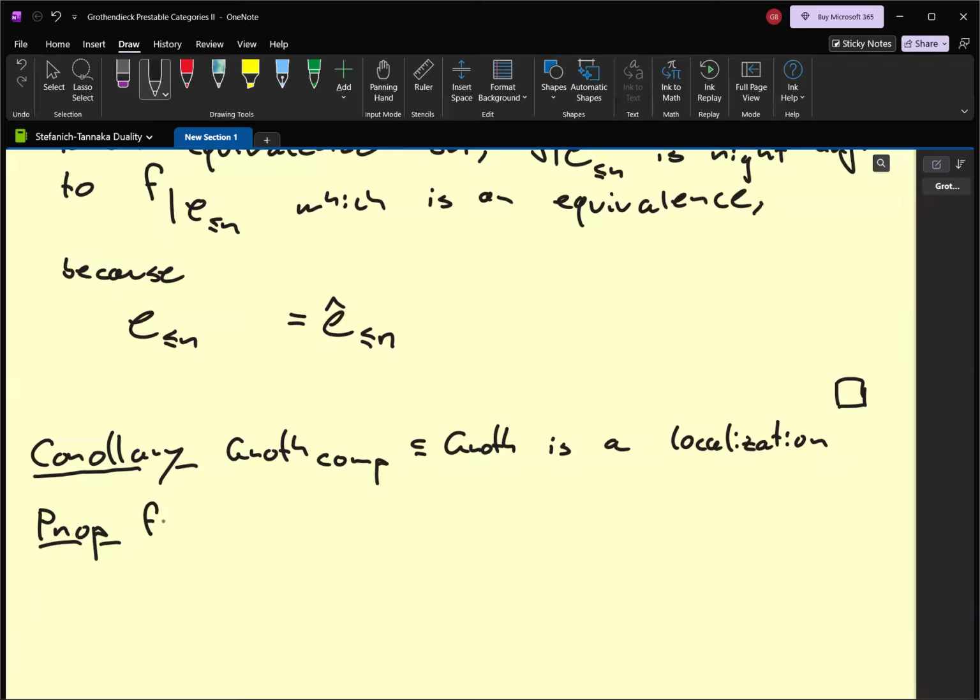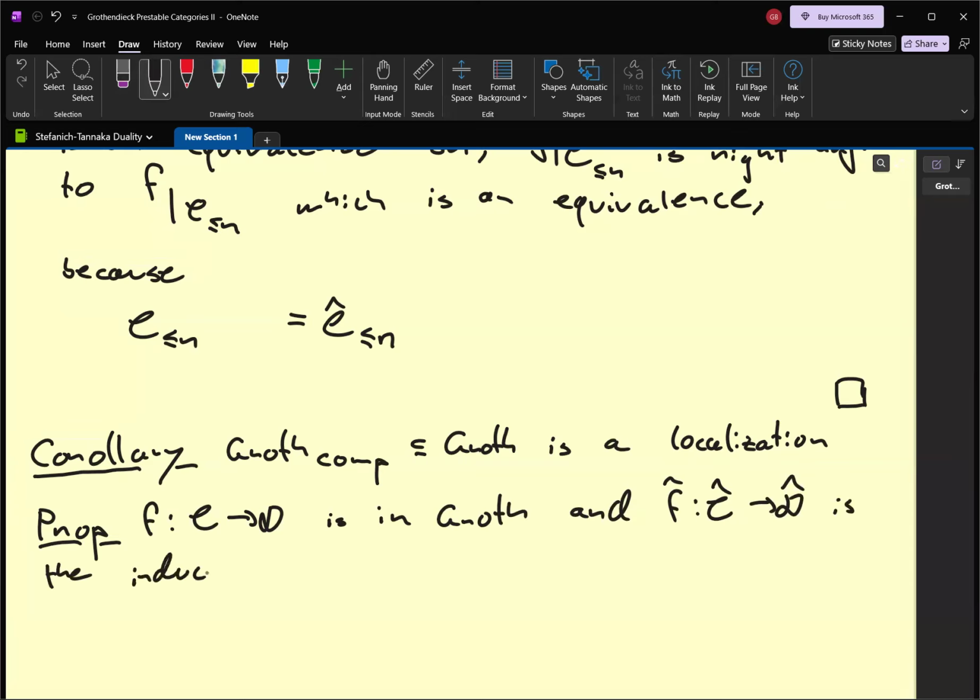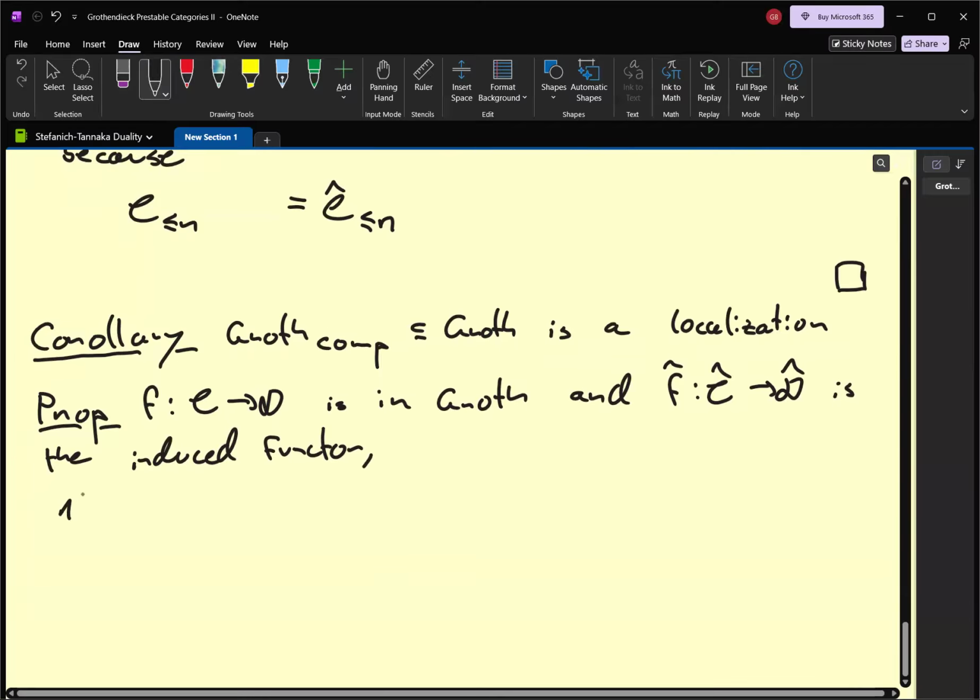So if f from C to D is a morphism in Groth, and f hat from C hat to D hat is the induced functor, well, then we have two things.